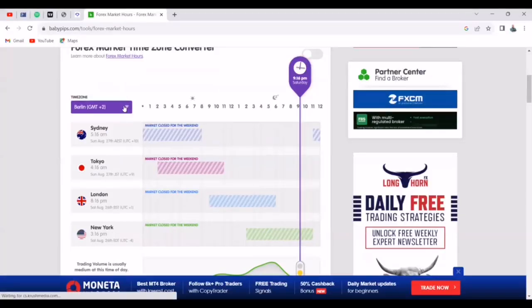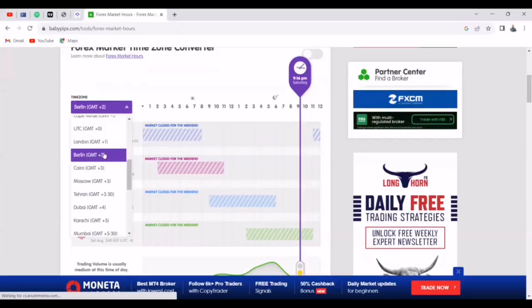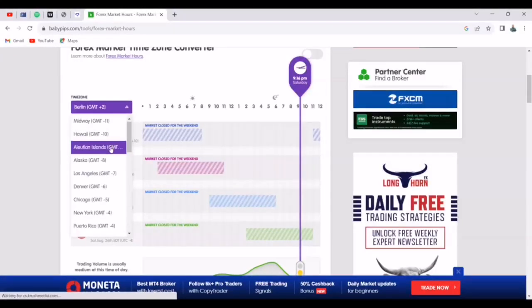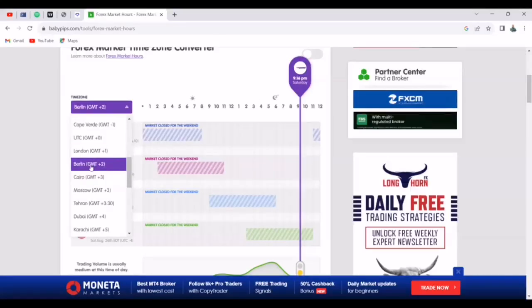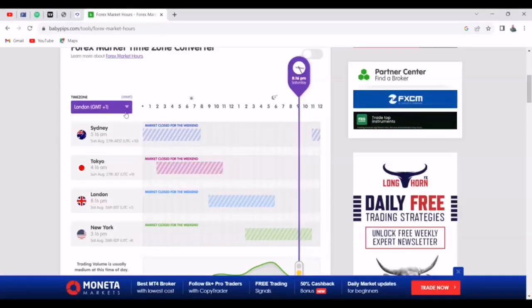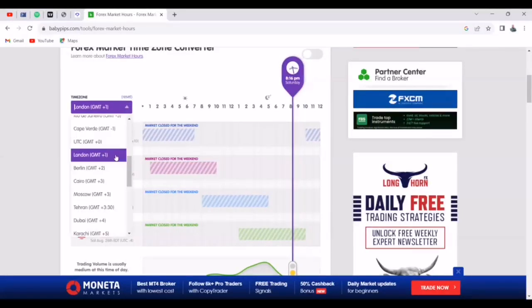Now, based on where you are in the world, you can adjust your time zone. Because I don't see Johannesburg over here, I know that we are in congruency with Berlin, which is essentially GMT plus 2. So if you are in South Africa, it's GMT plus 2. If you are in London, it's GMT plus 1.